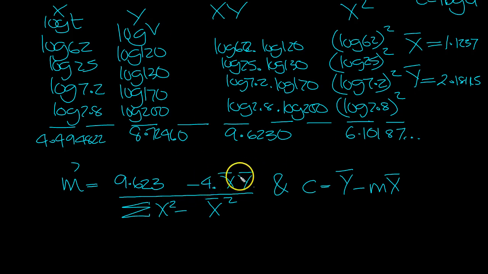X bar, y bar, so we got those two, 1.1237 times 2.18115 over the summation of x squared, so that's 6.10187, minus n x bar squared, which is 1.1237 squared.